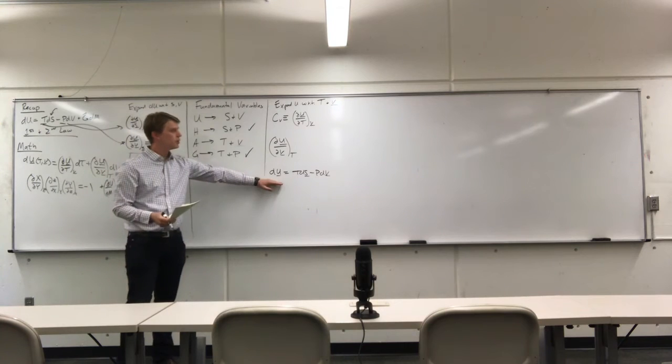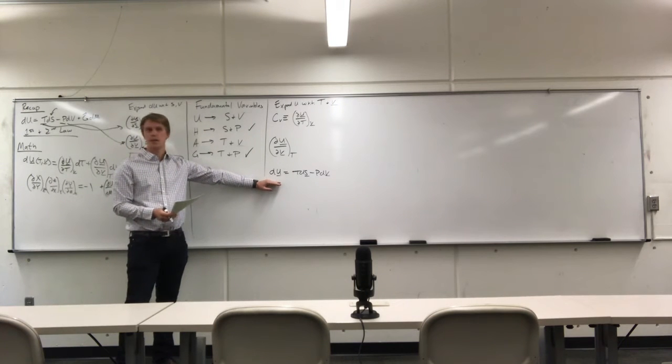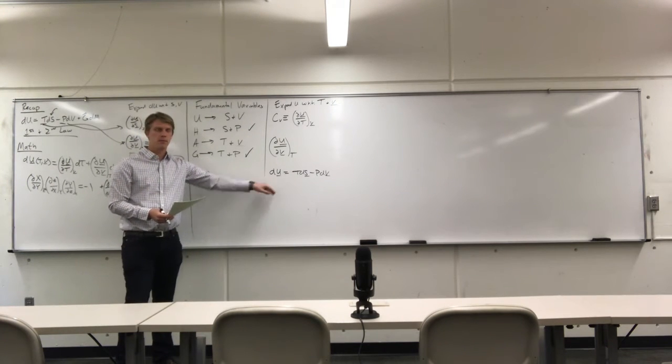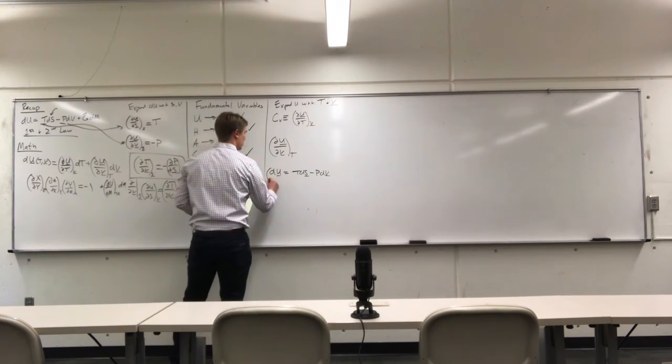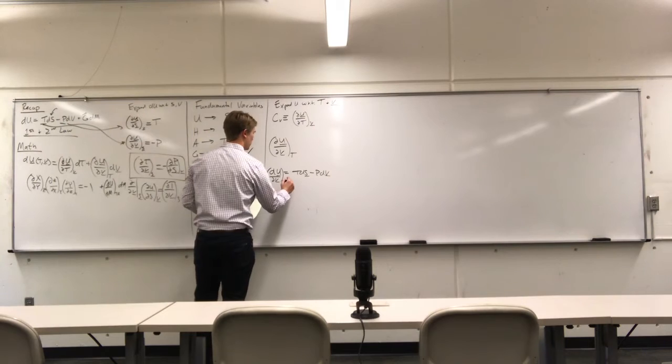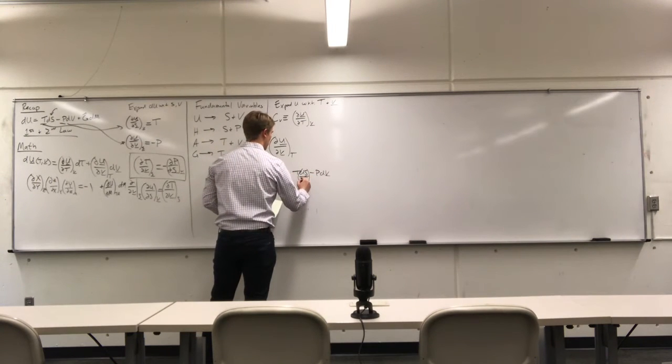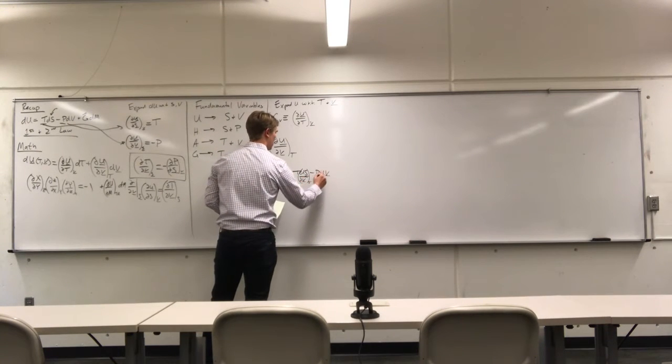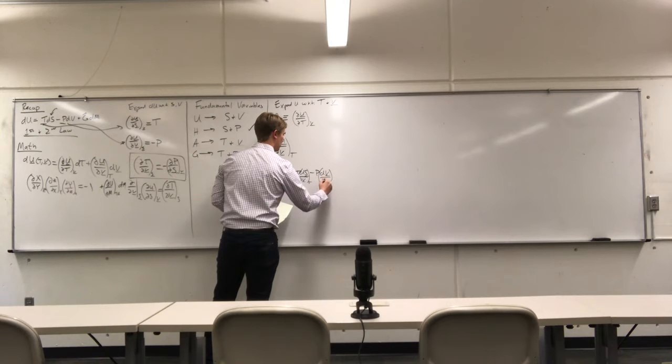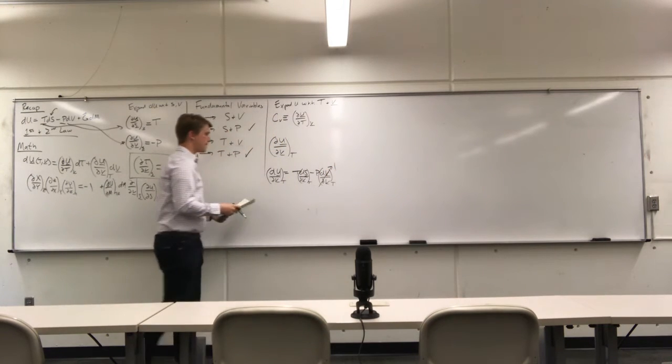Right, now this function is true no matter what with respect to any variable. So what we'll do is we'll take this over V, holding T constant. This term goes to 1.